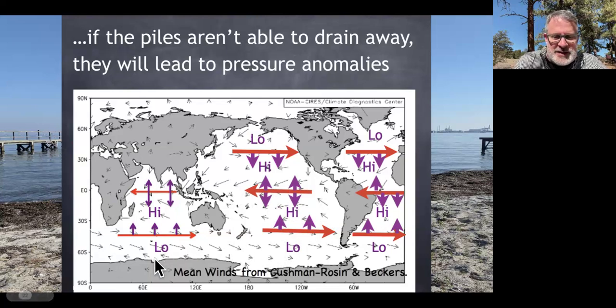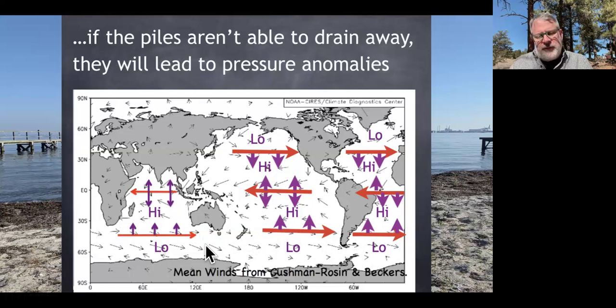In fact, though, this low extends all the way along here, and this high is like that. So there's a pressure gradient force southward all the way around this reentrant Antarctic circumpolar current region.